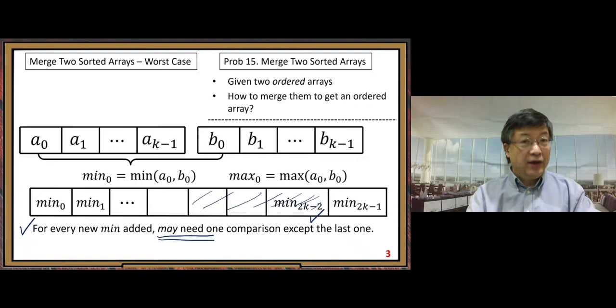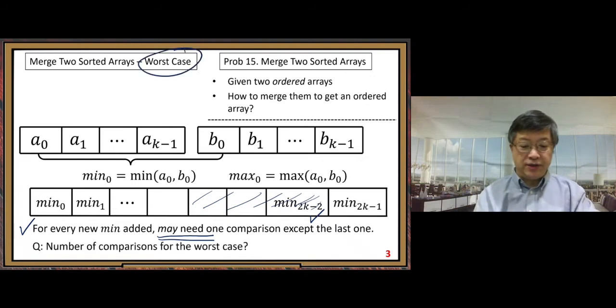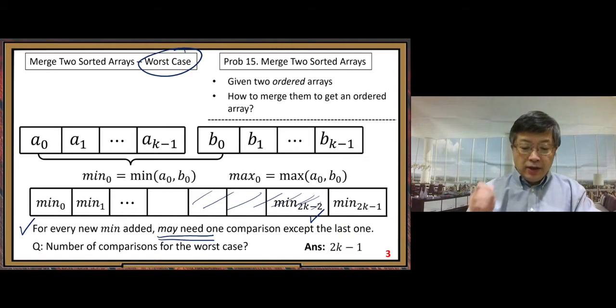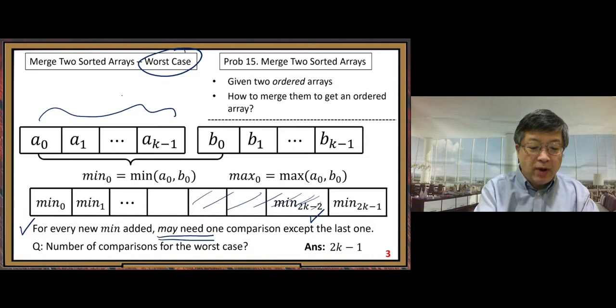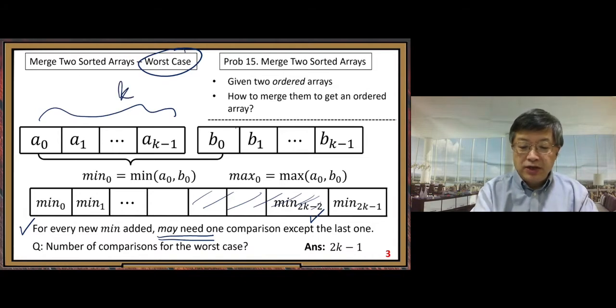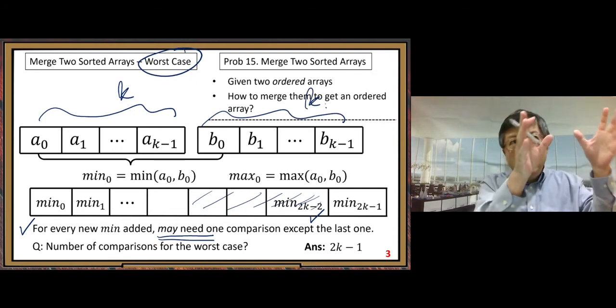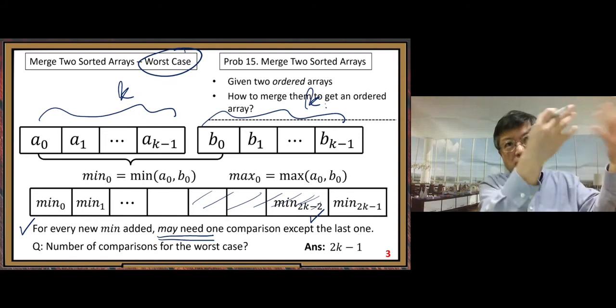That means we merge two arrays. Next, we want to look at the worst case. Look at the number of elements. The first subarray has k elements, the second subarray also has k elements. Every time we need to put one element in place, we need one comparison.